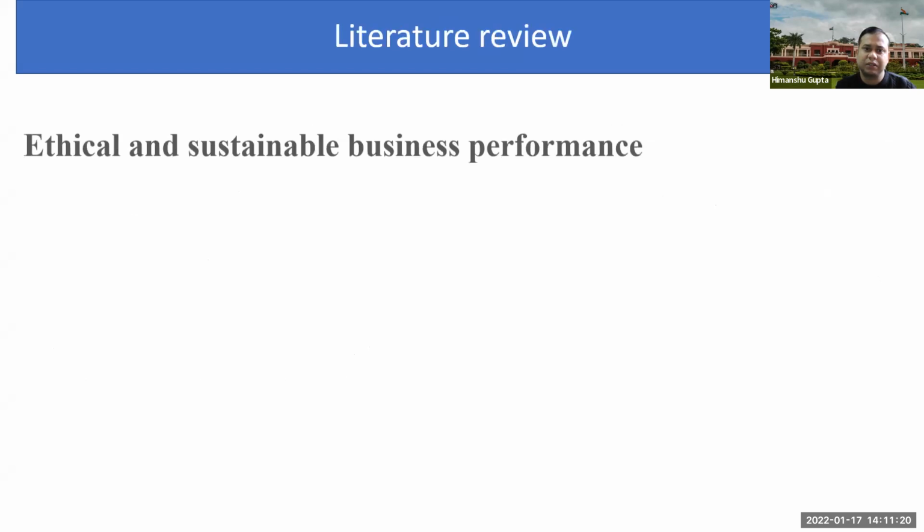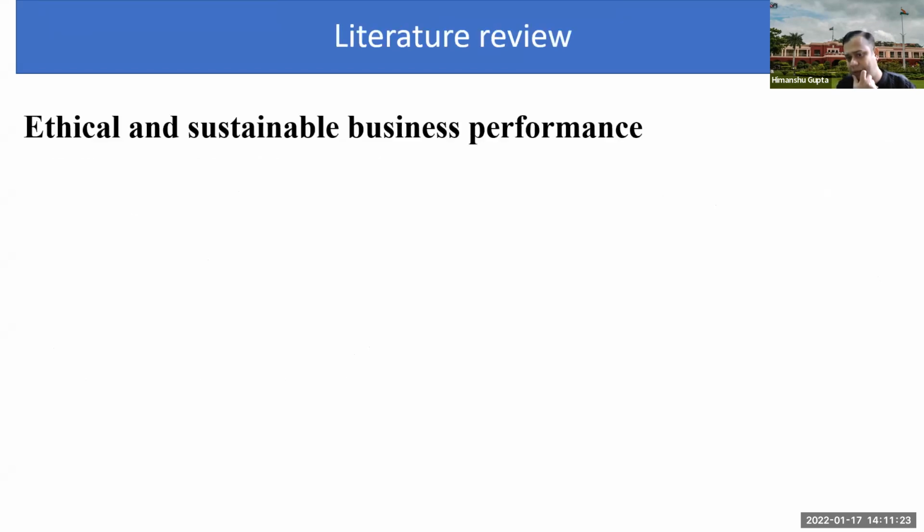Now coming to the ethical and sustainable business performance. The concept of sustainability includes three pillars: economic, environmental, and social aspects of manufacturing and supply chain. Nowadays management is realizing the importance of ethical and sustainable businesses, and they are trying to adhere to various environmental standards and regulations set by the government from time to time.